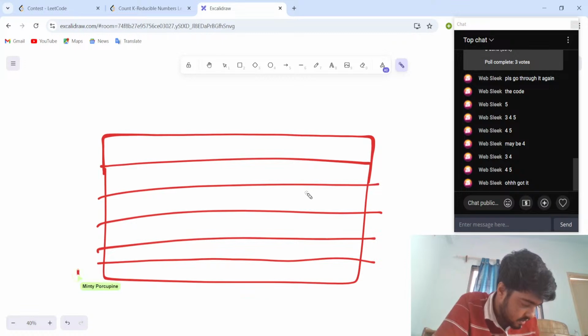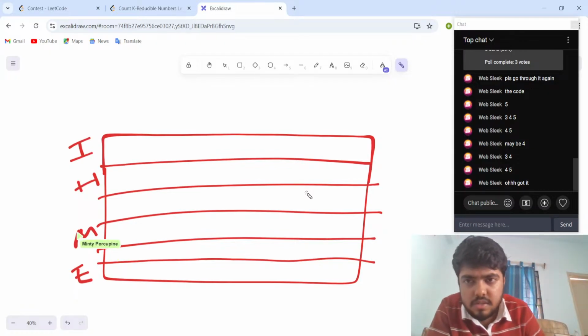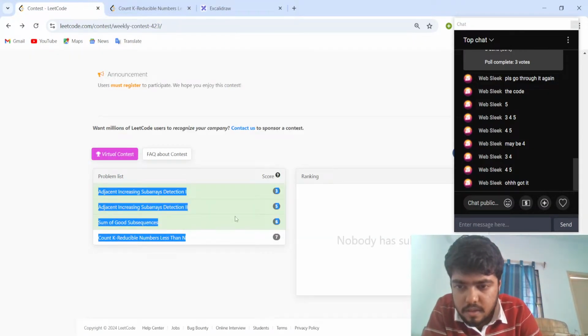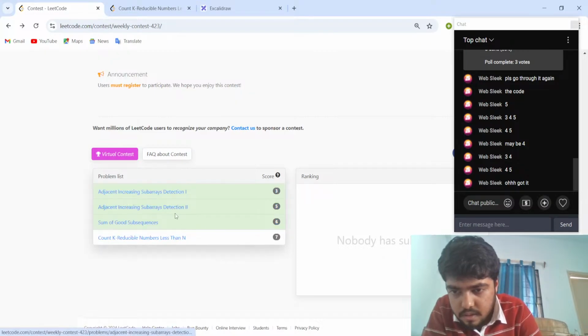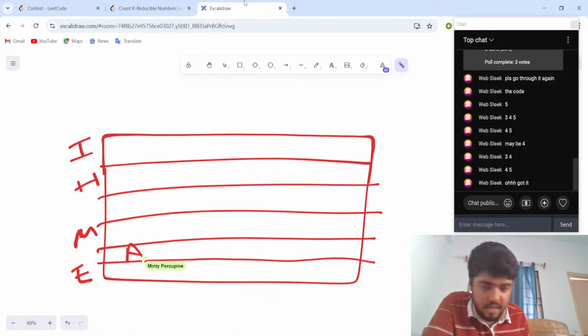So this is easy, medium, hard, and impossible. Okay. The first one was not that easy. I'll keep the first one, A, over here. And the second one was medium. The third one was over here.